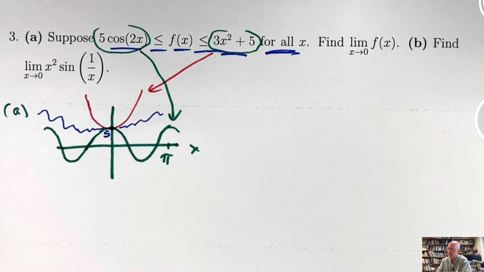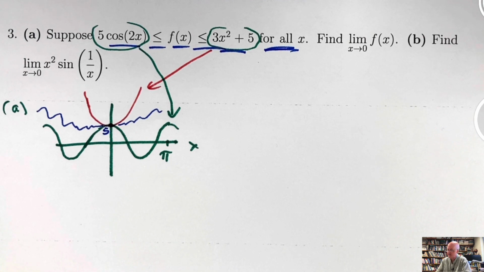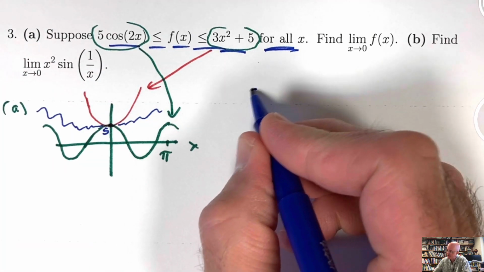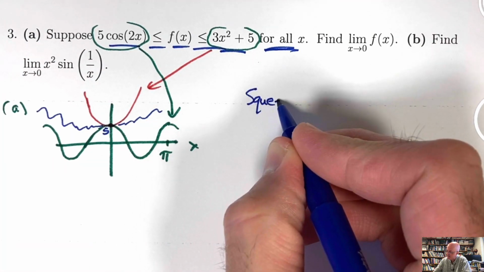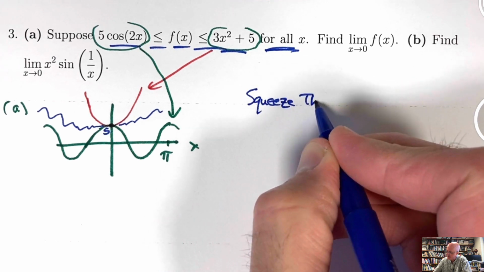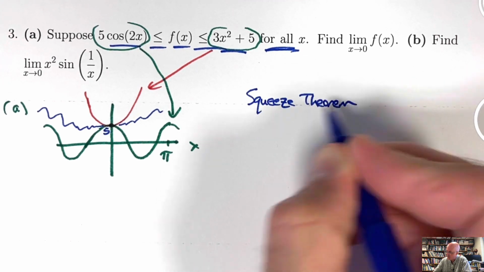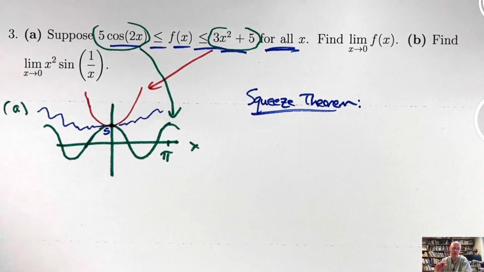All right, let's be a little bit more official about it. What does the squeeze theorem say? Squeeze theorem. In the context where we need to use the squeeze theorem, there are other versions of this, like as x goes to infinity, for example.